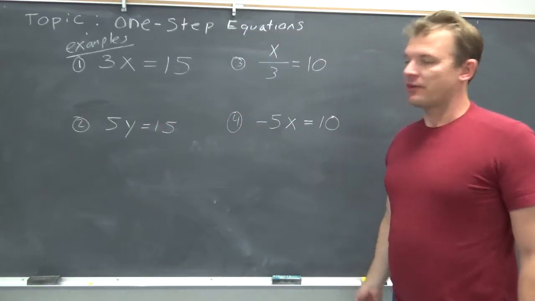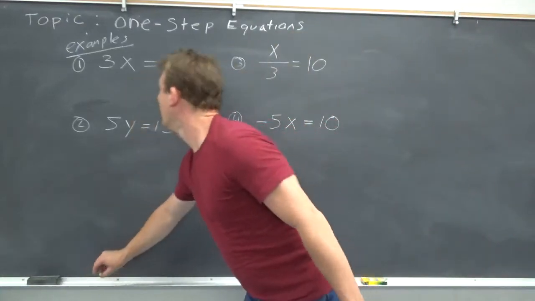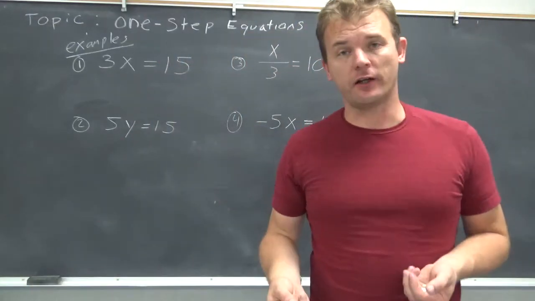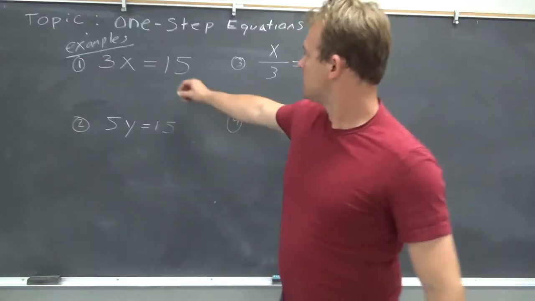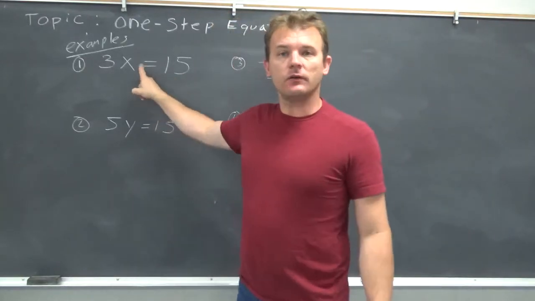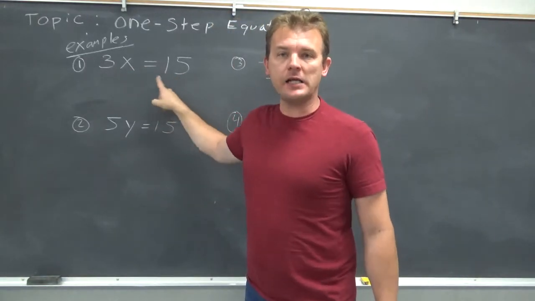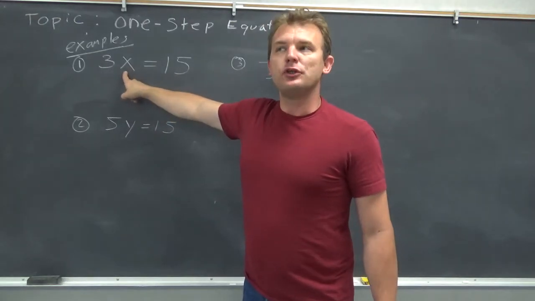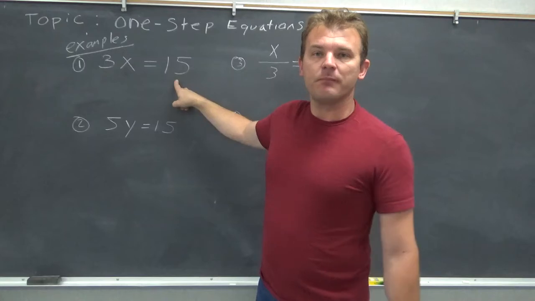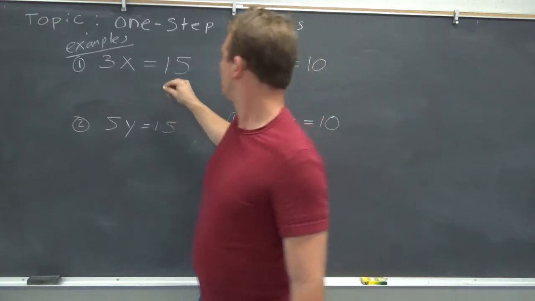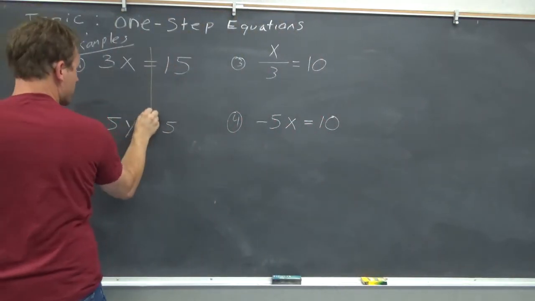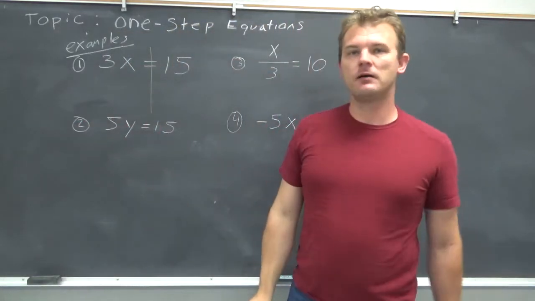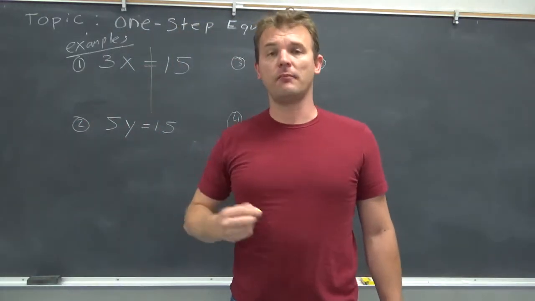Okay, so the first thing we want to do is think of our teeter-totter, our balancing act. There's an equal sign here, so equal on each side. Obviously this is not equal yet because we have to find something to substitute for x to make it 15. So right now, you're going to do something like this. You want to keep the math even on both sides.